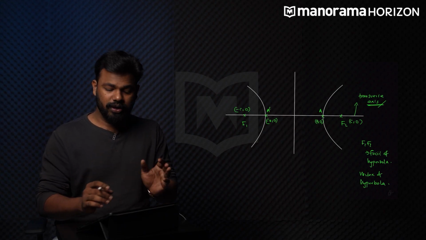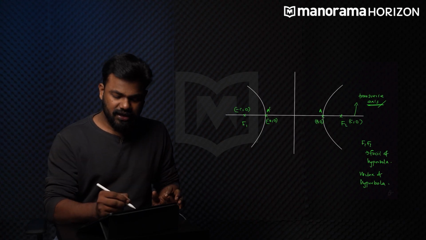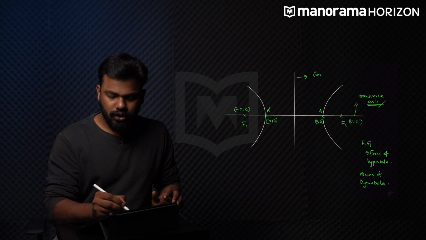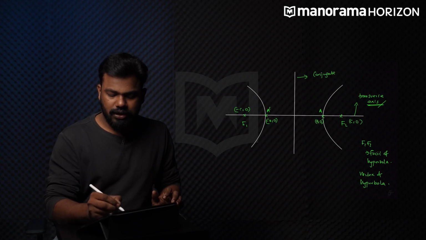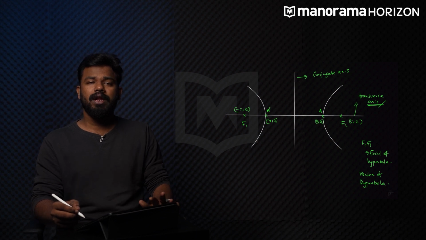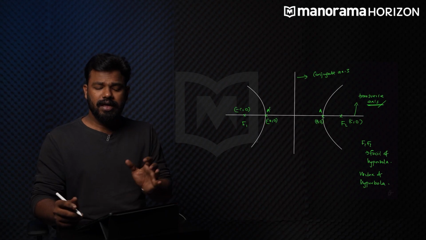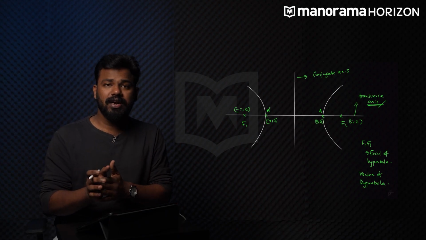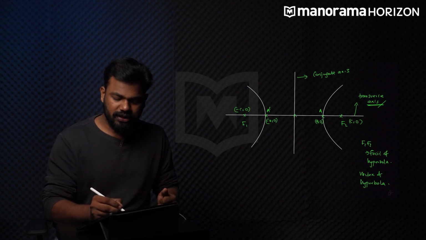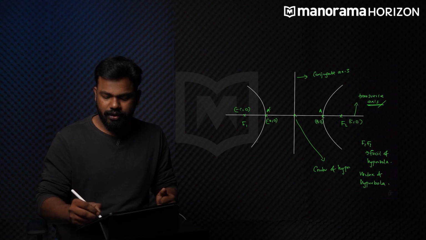And the vertical one, the one perpendicular to the transverse axis, is called the conjugate axis. And these two, the conjugate as well as the transverse, meet at a point which is called the center of the hyperbola. So this is the center of our hyperbola.